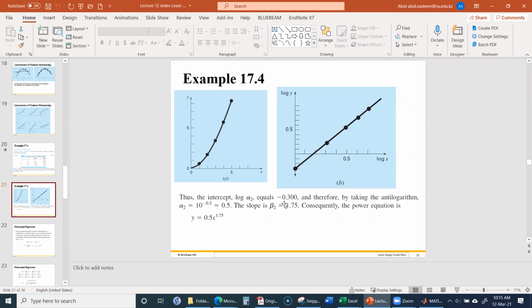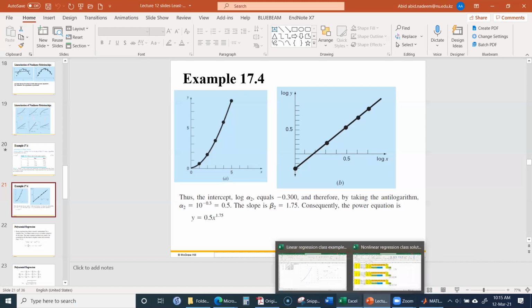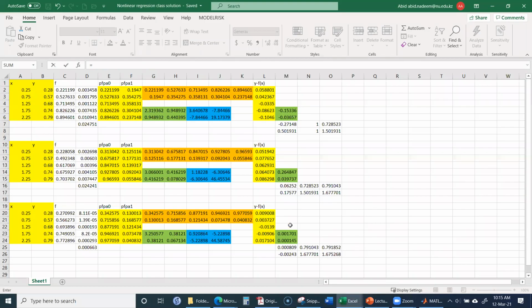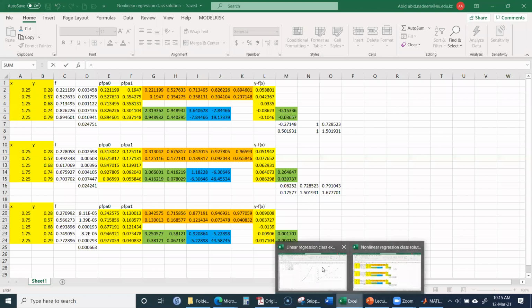So alpha is 0.3. So therefore alpha will be 0.5. We have to take the anti-log. Okay, let me do it over here. Anti-log, where is this anti-log? Excel.